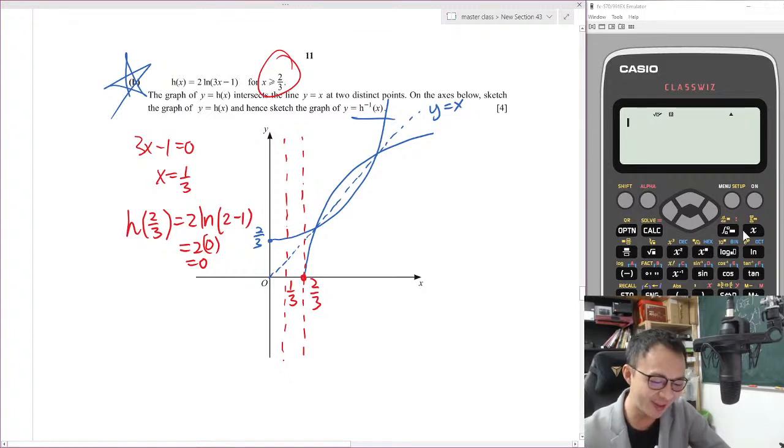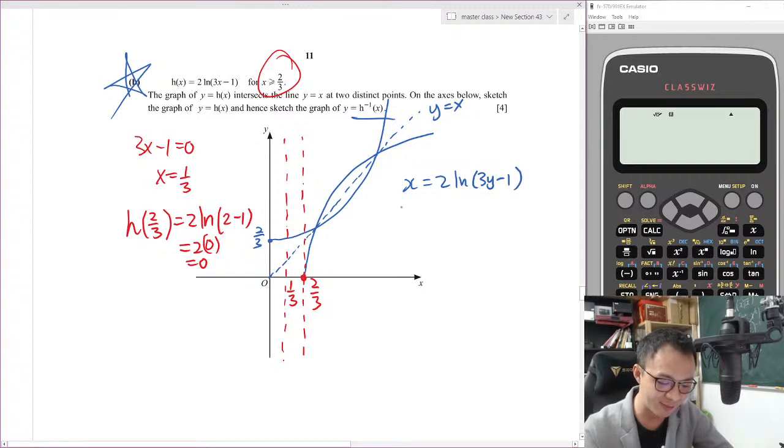If you have this kind of calculator, maybe it can help a little bit. I'm not sure, but since we have some time, let's test this out. I find the h inverse equation first. x equals 2 ln(3y minus 1). I want to make y the subject. x over 2 equals ln(3y minus 1).